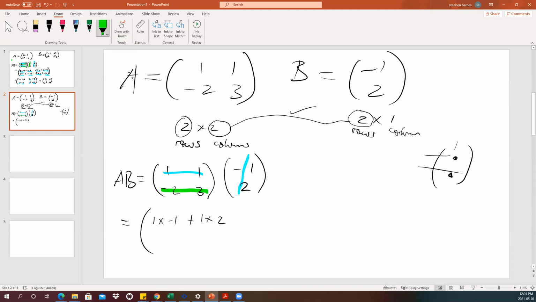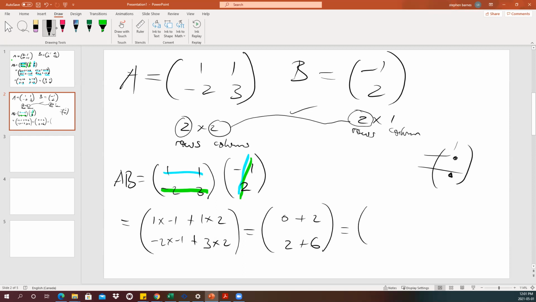So minus 2 times minus 1 plus 3 times 2. When you work this out, this is just saying 0 plus 2, 2 plus 6. You simplify that a bit and you get 2, 8, right? So you get 2 and 8.